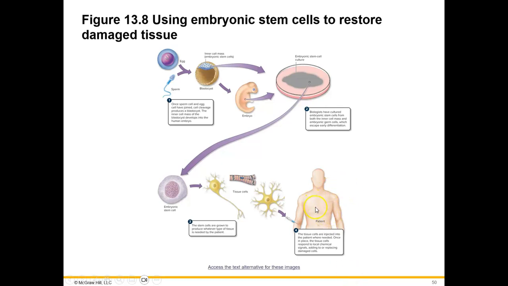Maybe they have heart problems and they need cardiac cells. Maybe they have problems with their vision and they need new eye cells. Whatever the cells may be, those embryonic stem cells would be able to be inserted and then differentiate into those types of cells that are the problem area.